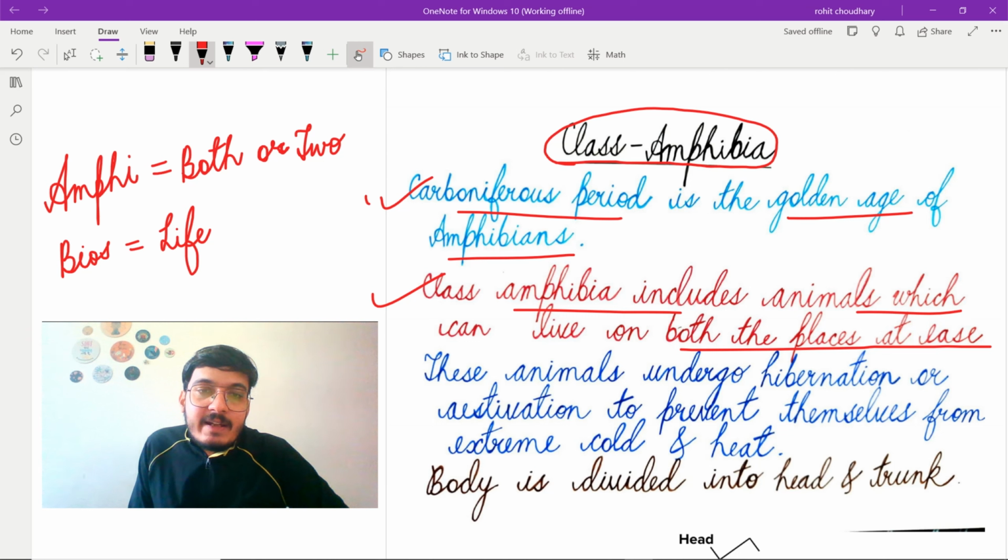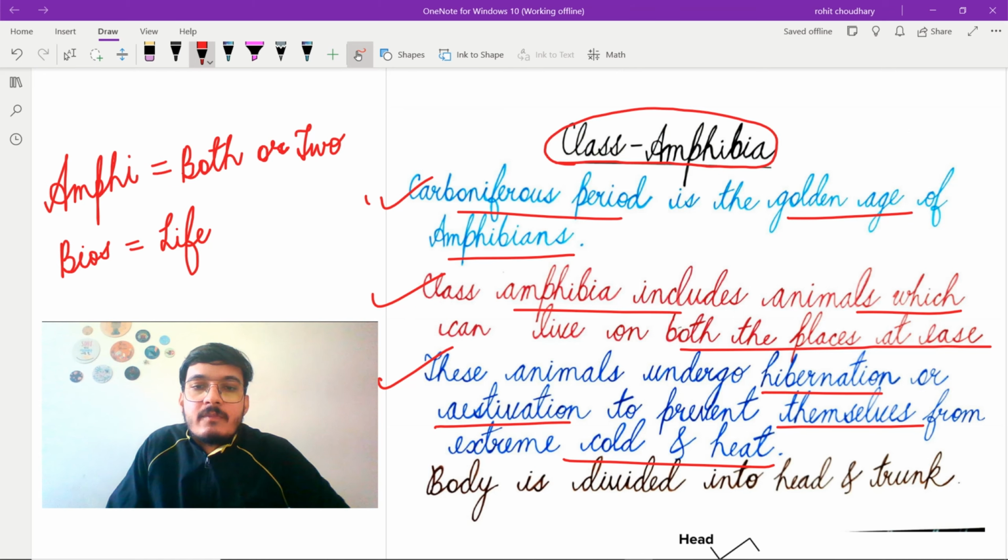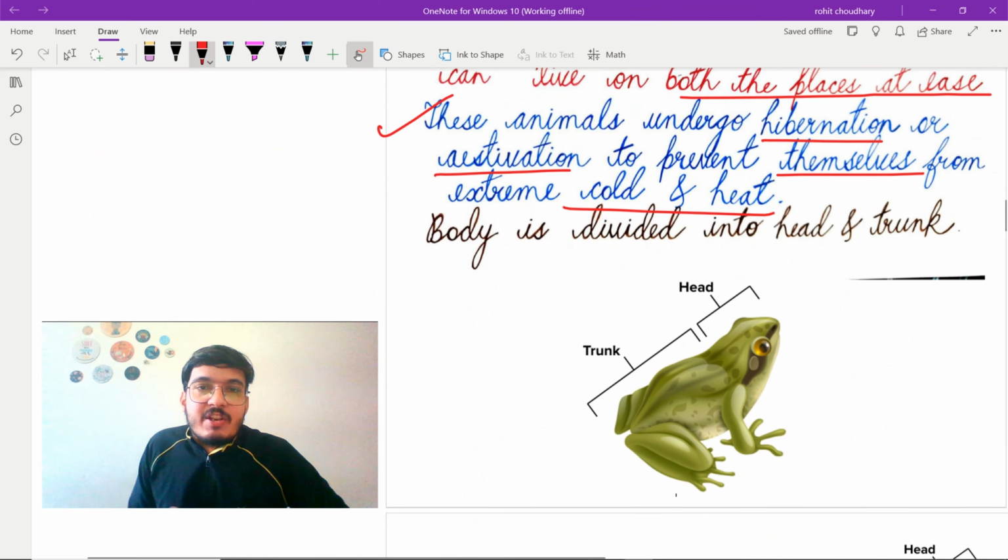The third characteristic feature is that these animals undergo hibernation or estivation to protect themselves from extreme cold and heat. In this point, there are two important terms, hibernation and estivation. What does hibernation mean? Hibernation means winter sleep.